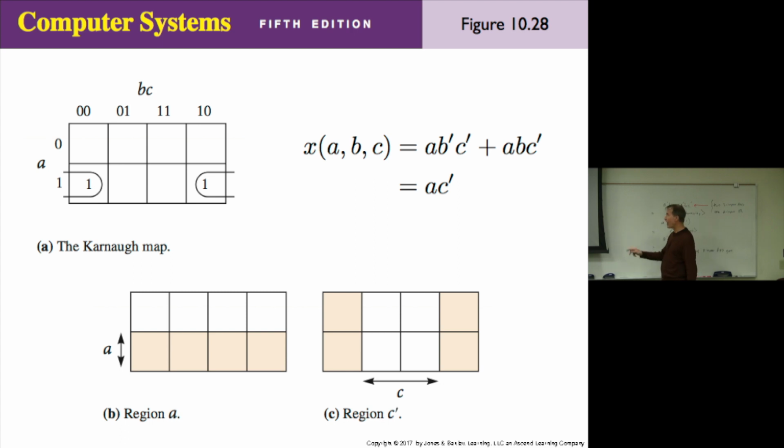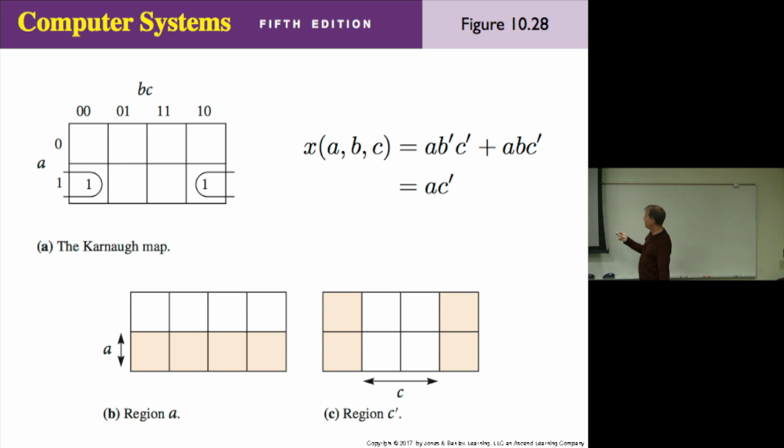All right. Now, the examples that we've done so far have had just 2 terms. But what if you have 3 terms? So here's the next one. What if we have 3 minterms? What if the truth table has 3 elements in it?